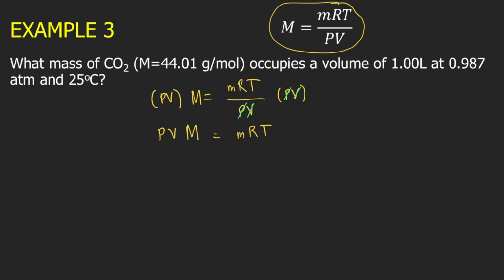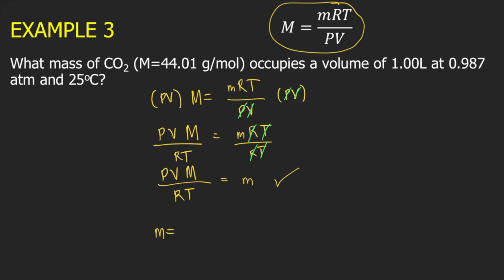If you want to solve for the mass, you will divide both sides by RT. So RT will cancel on the right side. So what is left on the right side is mass. And on the left side, we have pressure, volume, molar mass divided by RT. So we will be using this formula to solve for the mass of the ideal gas.